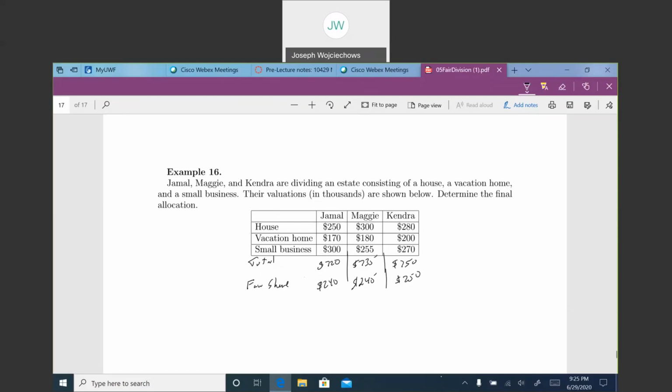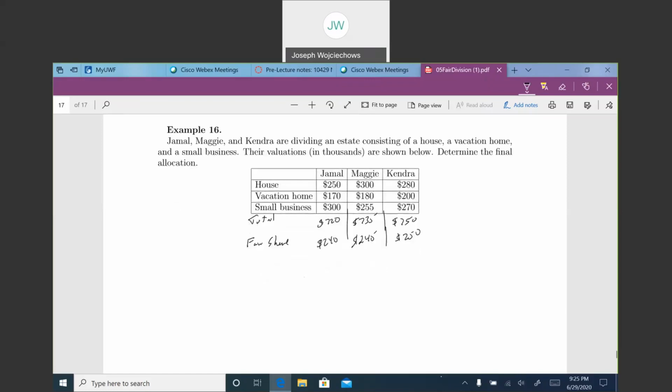So now let's look and see who gets what. Highest bid on the house is Maggie, and Maggie gets the house, in her opinion worth $300,000.